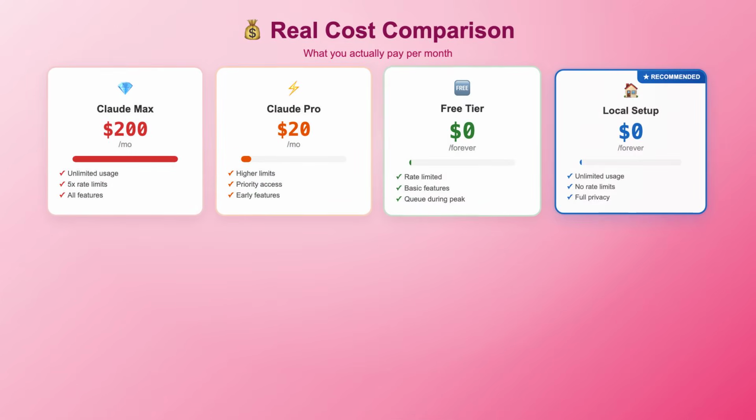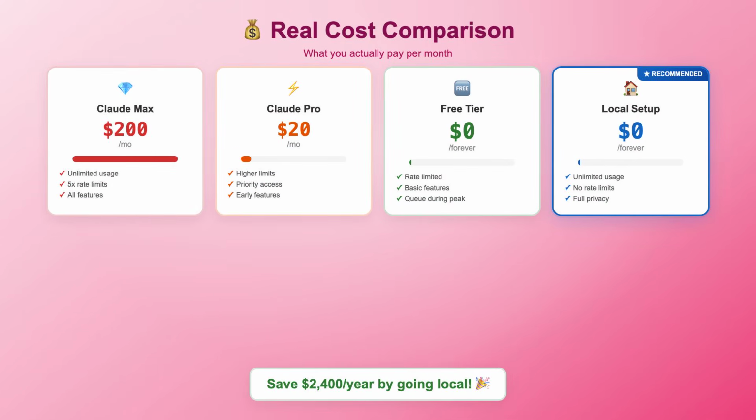Let's talk numbers. Claude Max 20, $200 a month, $2,400 a year. Claude Max 5, $100 a month. Claude API heavy usage, $60 to $100 a month. Local with Ollama, $0 per month.